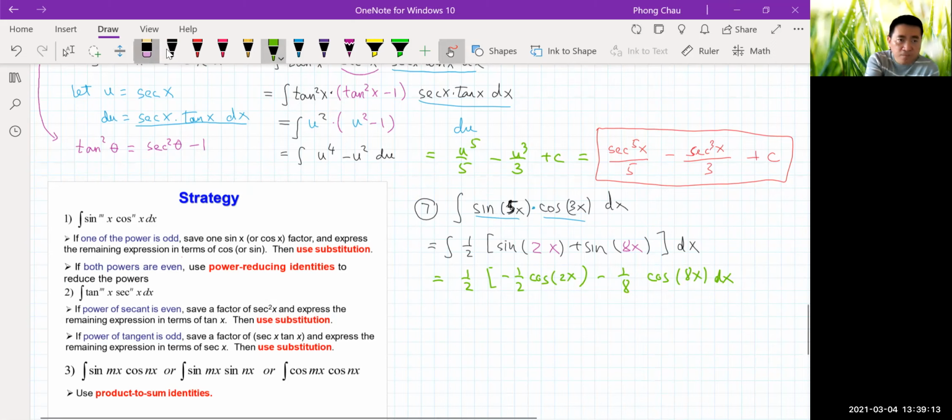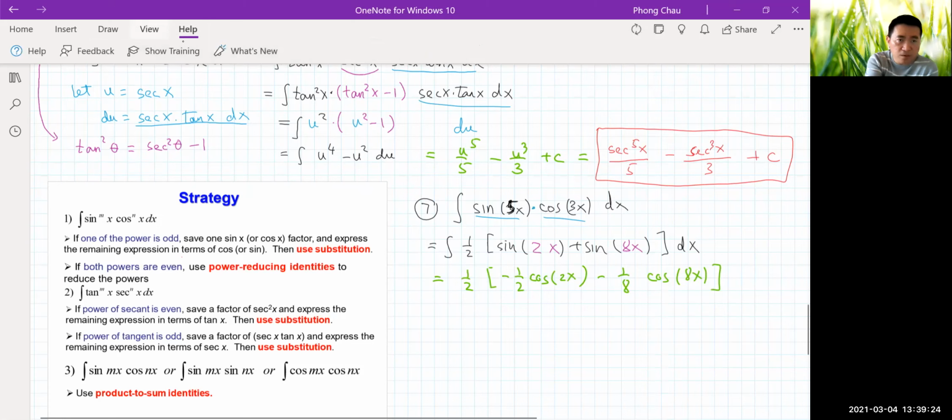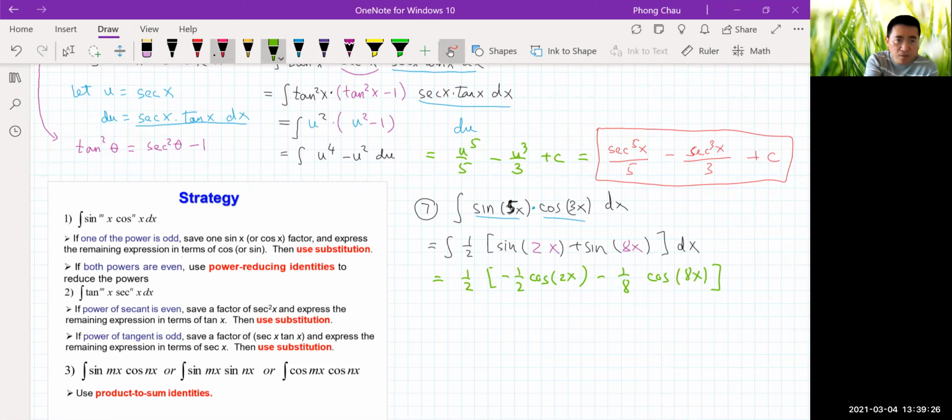We integrate that, and we have this. Just finally rewrite it and clean it up a little bit. It is 1/2. Well, maybe I should multiply it out. We have a plus constant.